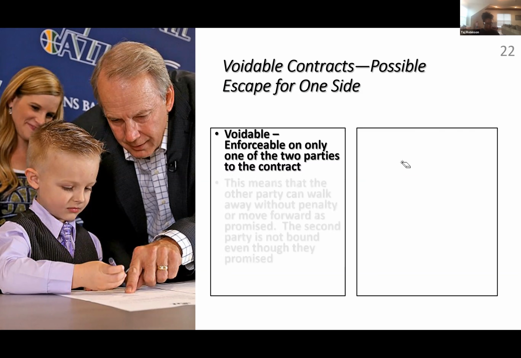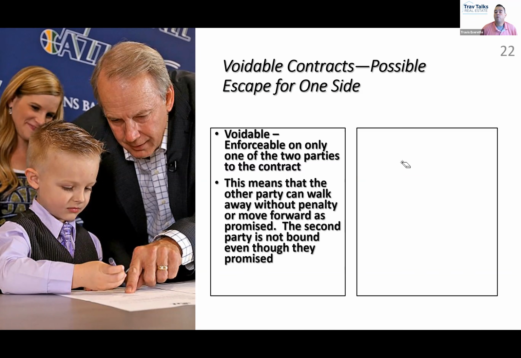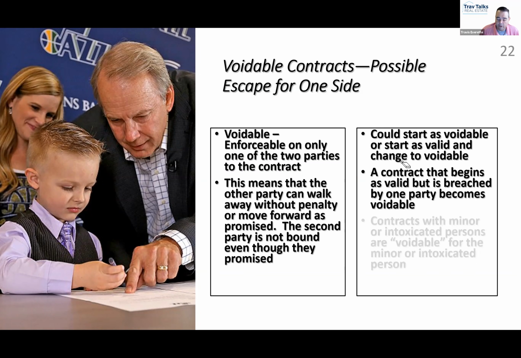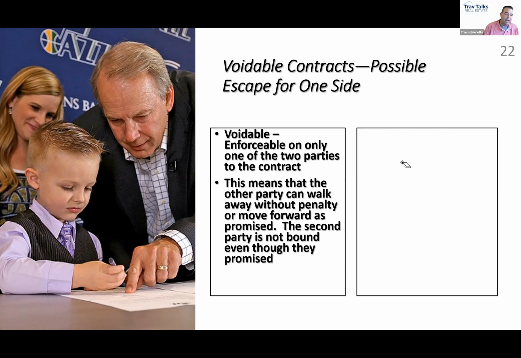Unenforceable. That's exactly right. When a contract is declared voidable, it means that the agreement has some promises that are enforceable and some promises that are not enforceable.